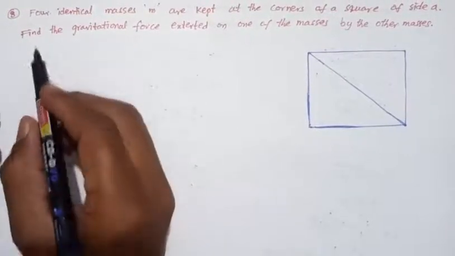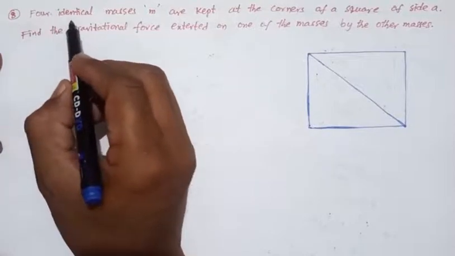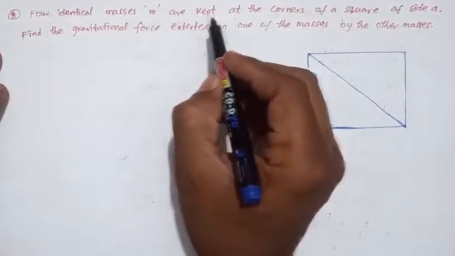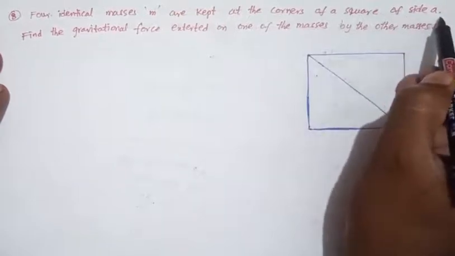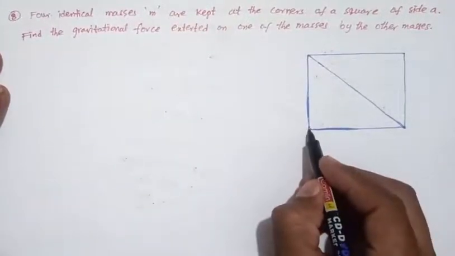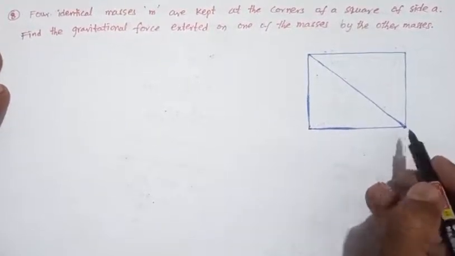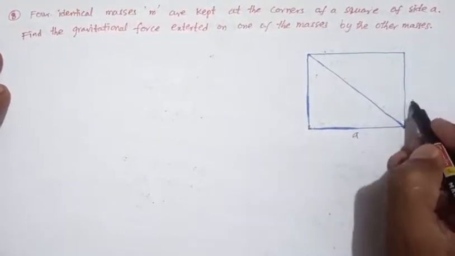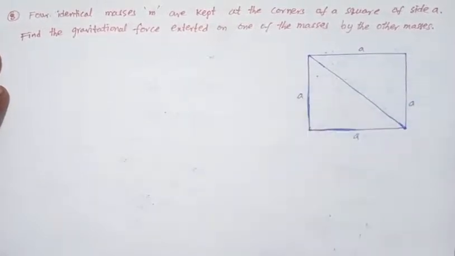Okay, next we can discuss problem number 8. Four identical masses M are kept at the corners of a square of side A. So we consider a square, where all the sides are equal.